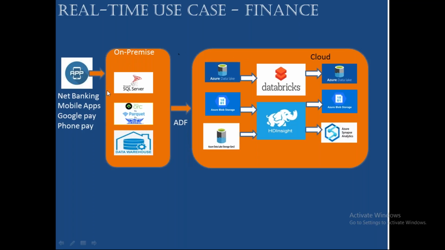Basically, we have seen moving data from on-premise to the cloud. In the cloud, we used different storages and databases. Once we loaded data into them, we used different analytical services like Databricks, Azure HDInsight, and data flows for transforming this data. We used Azure Data Lake Analytics, and once we transformed the data, we loaded it into Data Lake Storage Gen 1 or Gen 2 or blob storage, based on the type of analytical service we used.